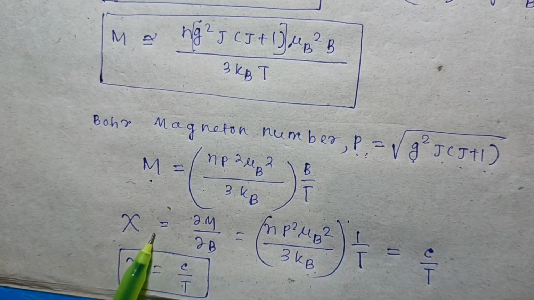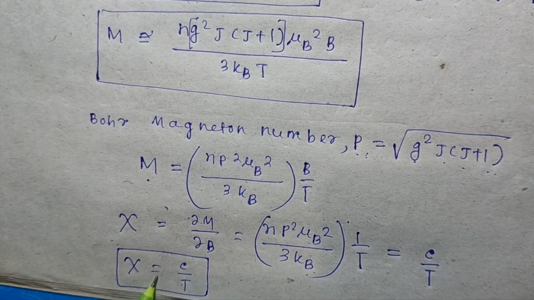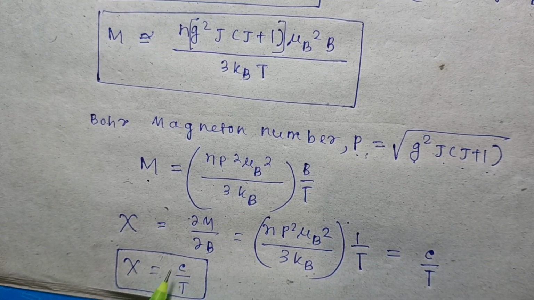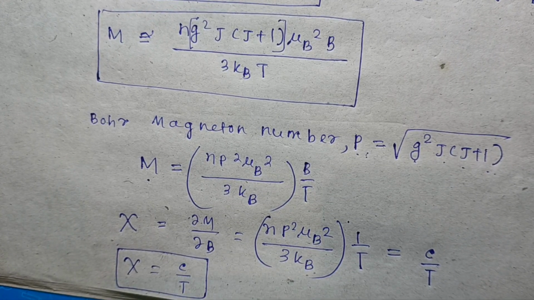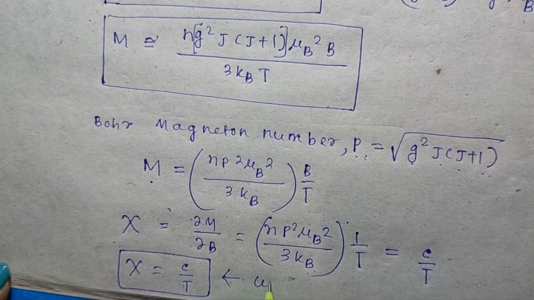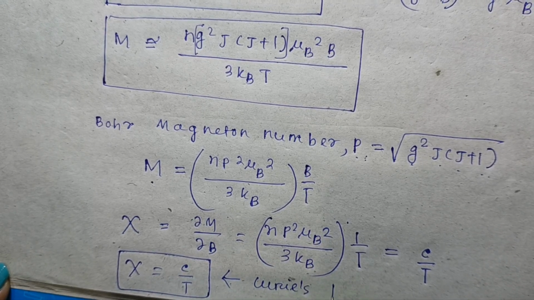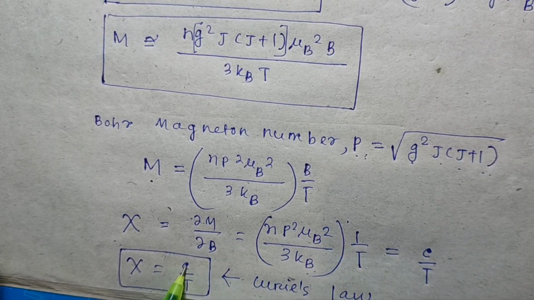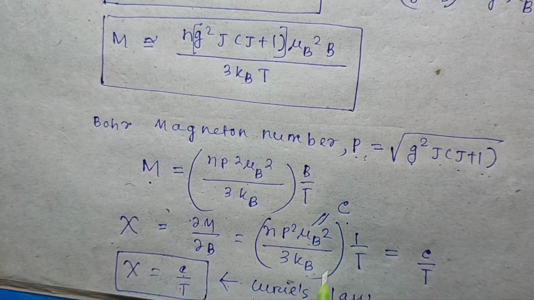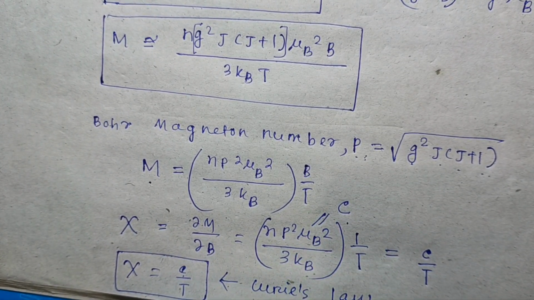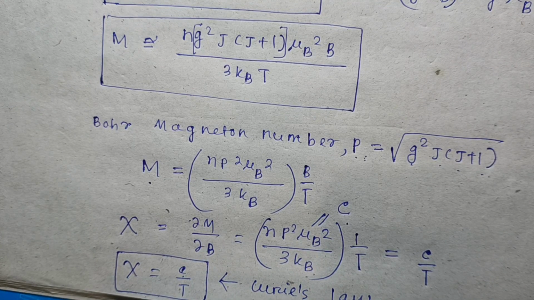This is famously known as Curie's law. This 1/T dependence in magnetic susceptibility is famously known as Curie's law, and C is known as Curie constant. Okay.